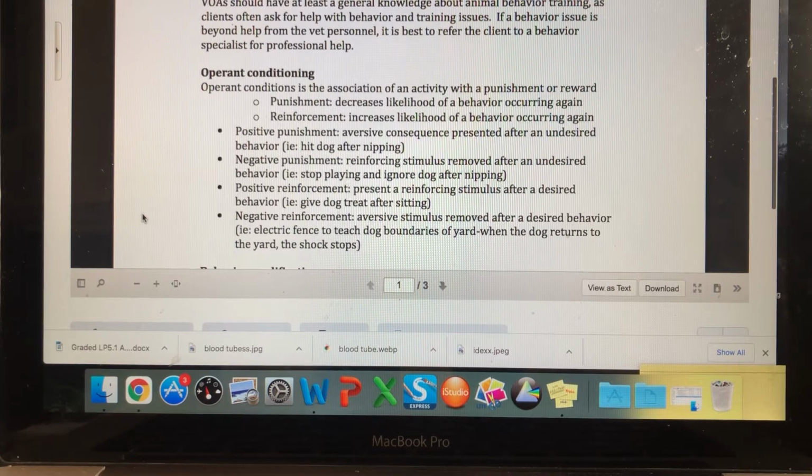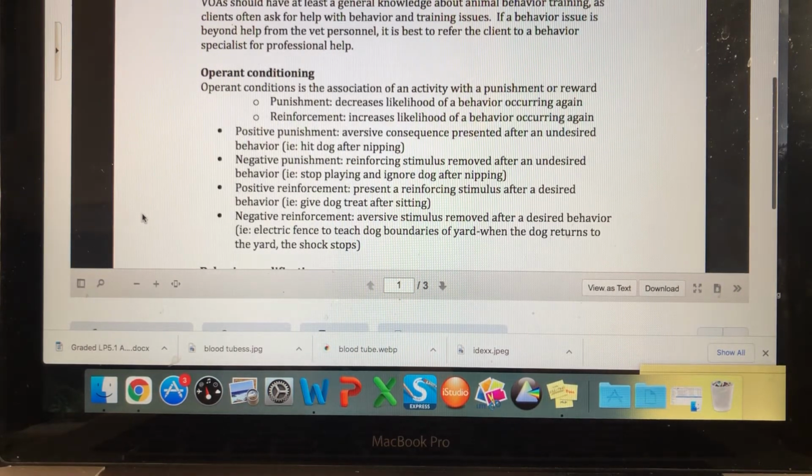Typically the animal has done a behavior we don't want to see again, so we punish it to discourage the behavior. The formal definition is that an aversive consequence, something negative that we don't like, is presented after an undesired behavior. The example is that if the dog nipped at you and you hit them, you've introduced a positive punishment.